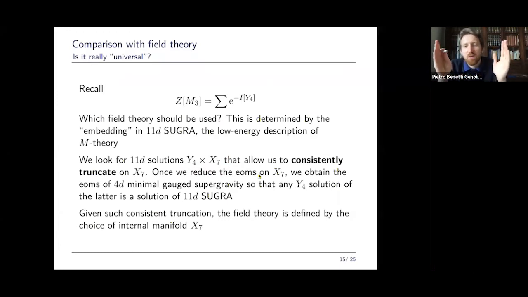This means that when I take the ansatz and reduce the 11-dimensional equations of motion Kaluza-Klein style on the 7-dimensional space, you find 4-dimensional equations of motion that only depend on 4-dimensional degrees of freedom. If they are self-consistent, meaning that when I find a solution I can always do the procedure backwards, then I have a consistent truncation.